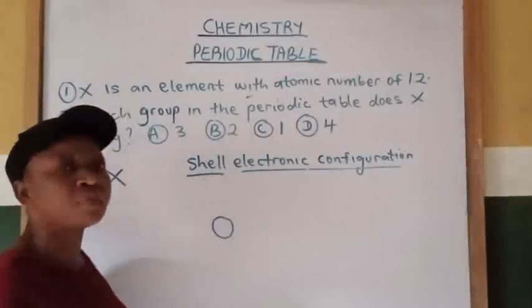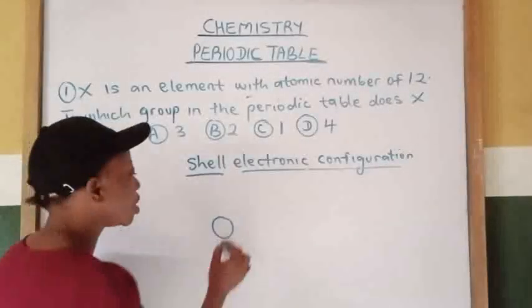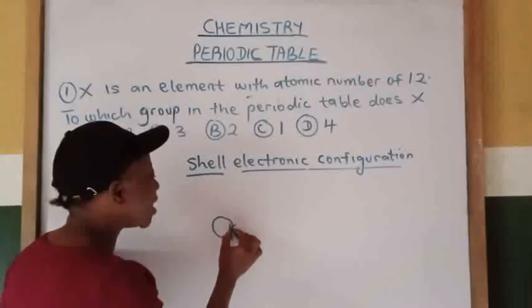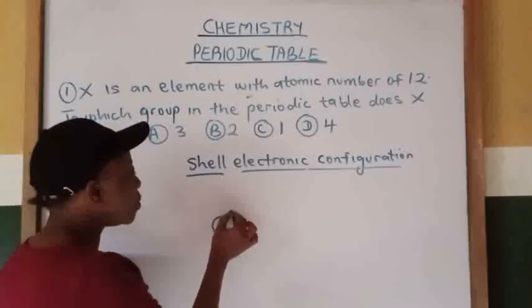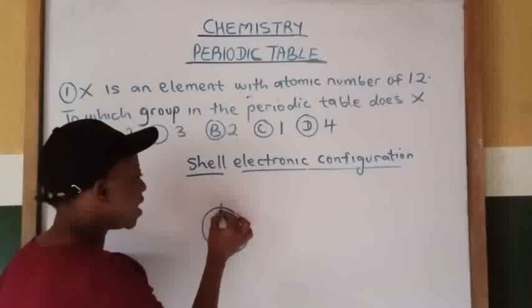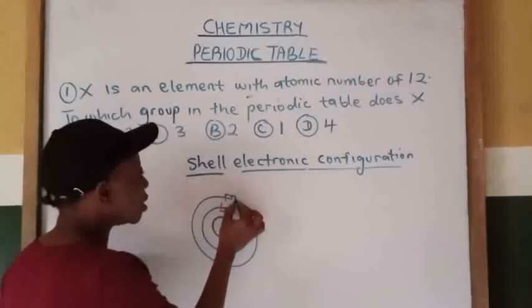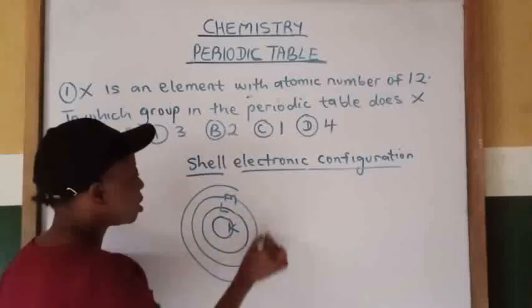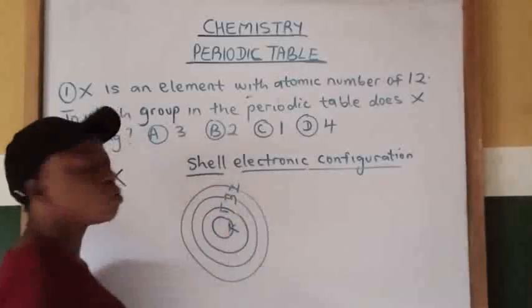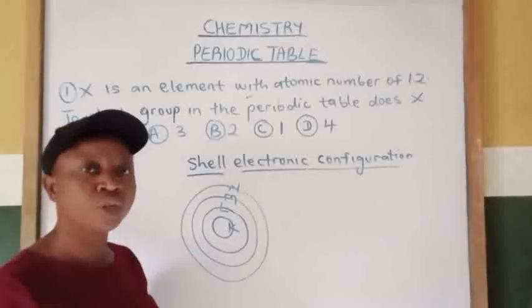Then we have 7 types of electronic shell. The first one is called K shell, then followed by L shell, then M shell, N shell, then we have O, P, Q shells.